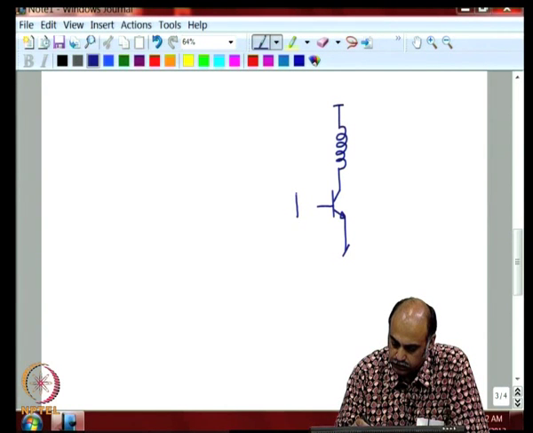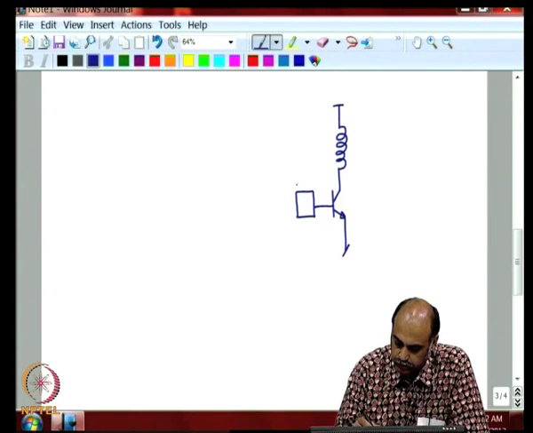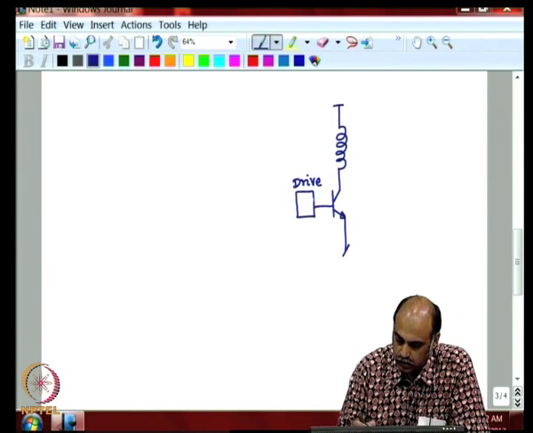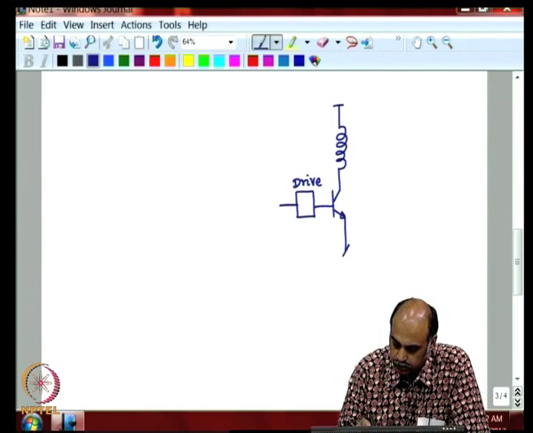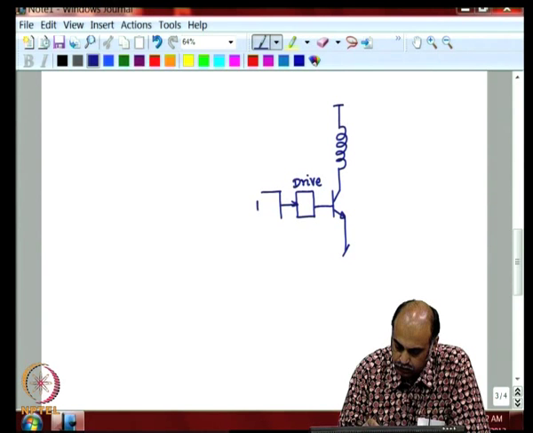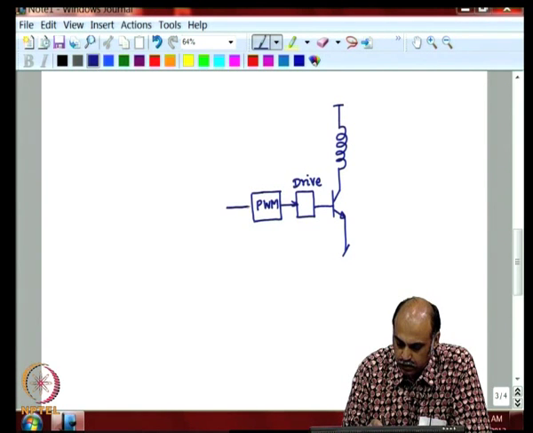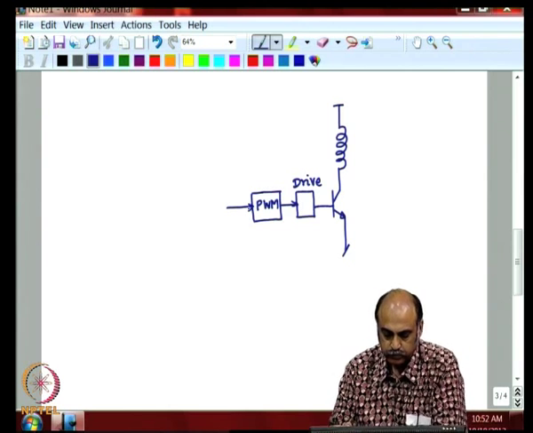Now, let us say you have this drive, and this comes from the output of a PWM signal, in this fashion.